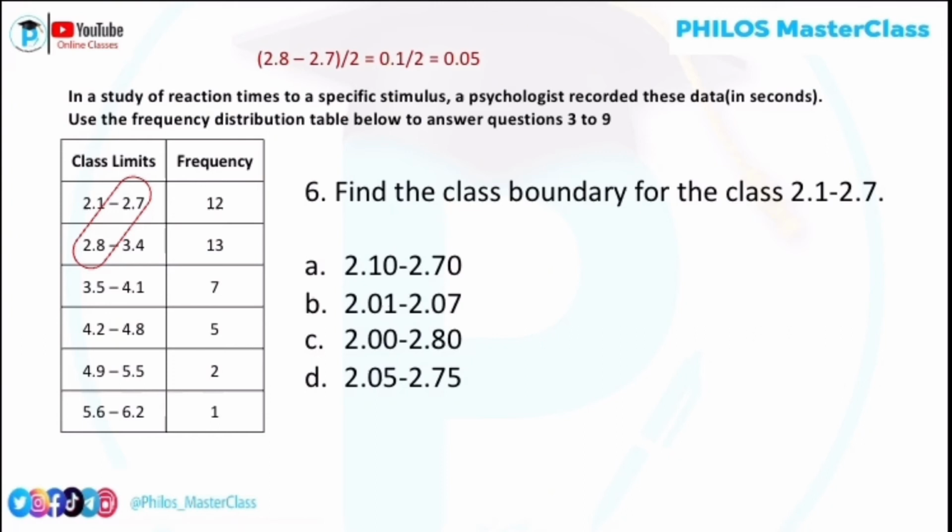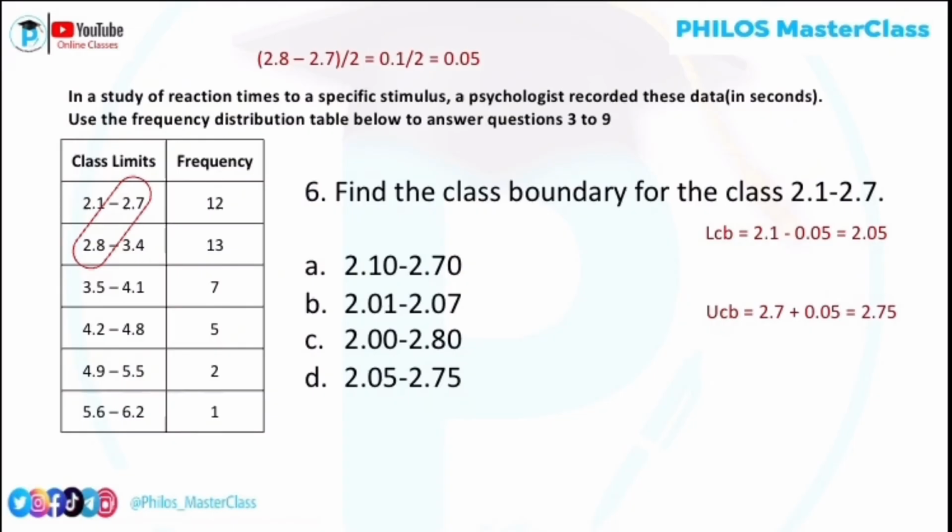So let's rob the 0.05 from Peter. So to rob it, that will be what? 2.1 minus, because we are robbing, we are taking away from Peter. So 2.1 minus 0.05, that will give us 2.05. So that 0.05, let's give it to Paul. That's the upper class. So that will be 2.7 plus, we are giving, so we have to add to Paul, you get it.